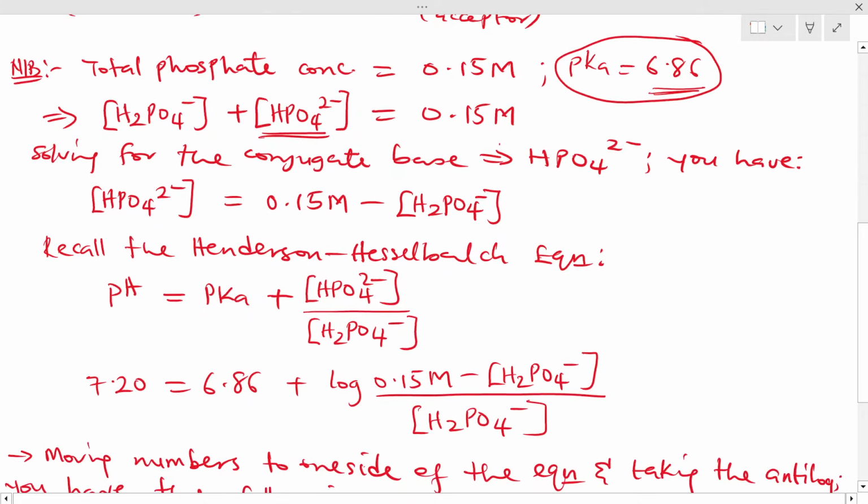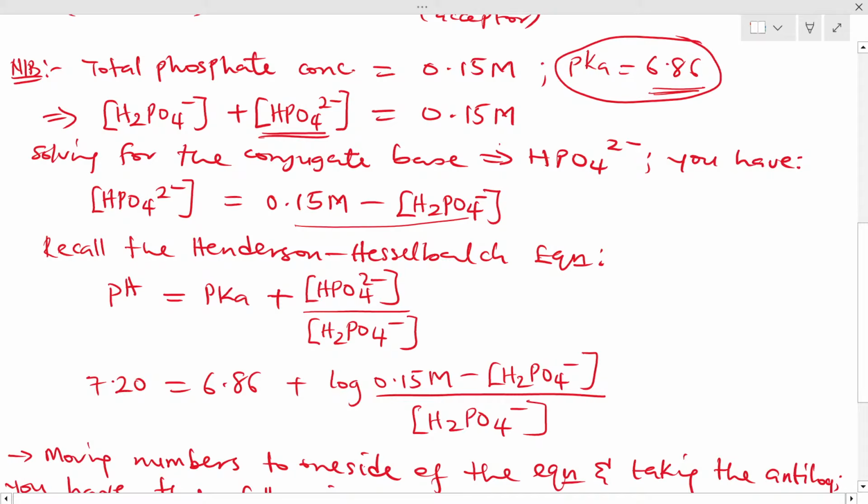Now again, you can apply the Henderson-Hasselbalch equation right here, and when you write it out fully, which is your product over your reactant, what you simply have is 7.2 as your pH, 6.86 as your pKa, then plus this. Now remember that we have this here as this, so we just substituted that and we have this.